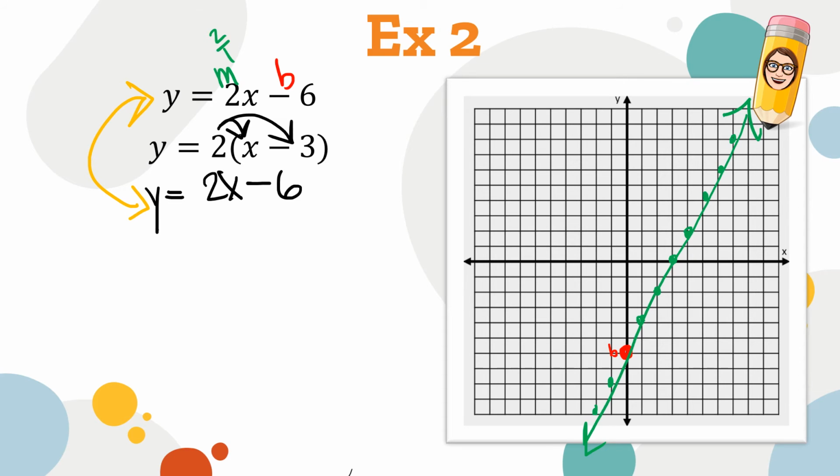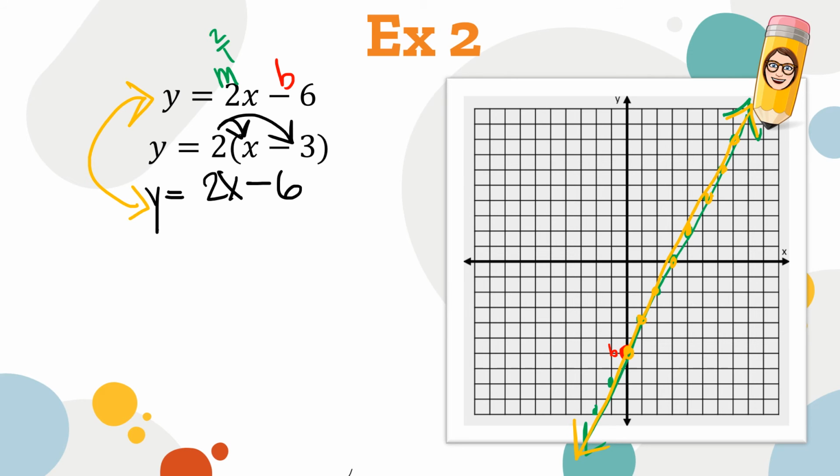So here's the thing. If I begin at -6 and then I count rise 2, run 1, what's going to happen? I have the exact same line, the exact same slope, everything. Everything's the same. So this is unique, right? They don't cross at one point, they cross at every point.